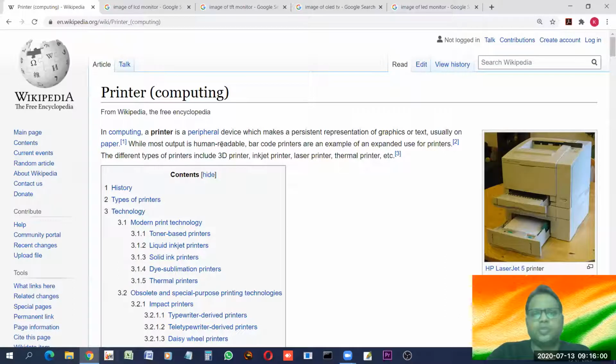While most output is human readable, barcode printers are an example of something different. In our last class, we saw the barcode, and printers can also print barcodes. So the basic thing is printers are devices which are used for getting output over paper. Okay. So we have various technologies for making printers also.